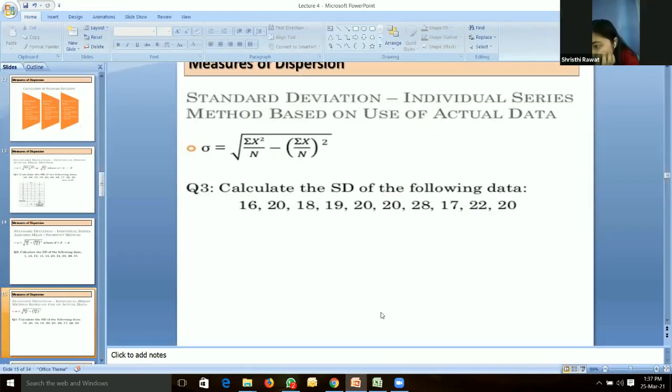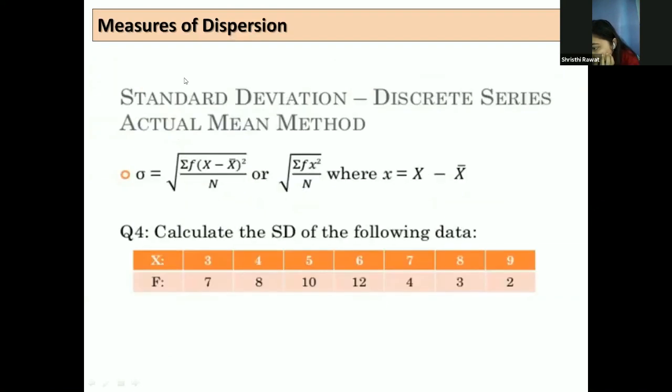Okay. Now the third problem. We have to calculate the standard deviation for discrete series using the actual mean method. Just now I told you here there is a frequency. So for that particular variable x the frequencies are given. In that problem we have to use this formula. So sigma is equal to square root of summation of f in the bracket x minus x bar square divided by n, or summation of f x square divided by n.